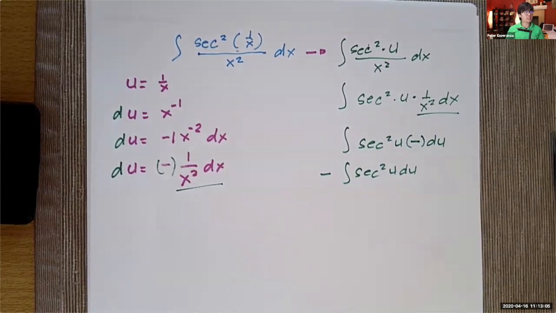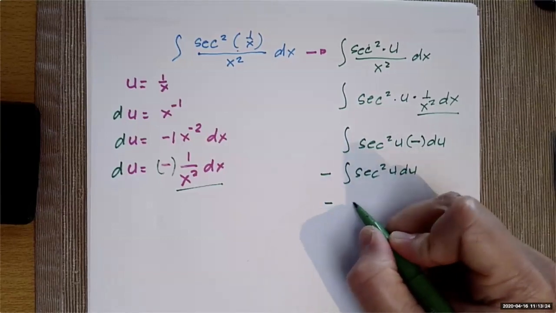Can you now integrate secant squared u du? Yes or no? Yeah. What is the integral of secant squared u du? It's in our formula sheet. Negative tan u plus c. Yes.